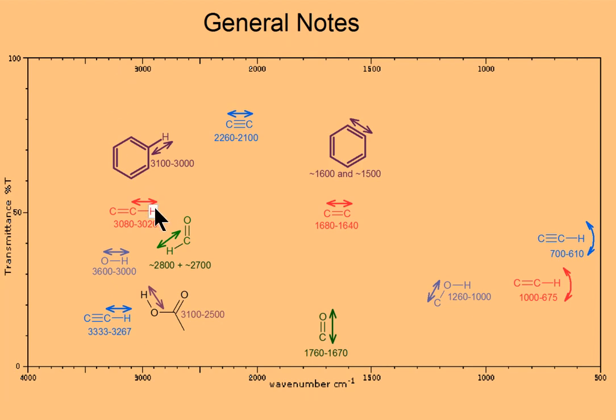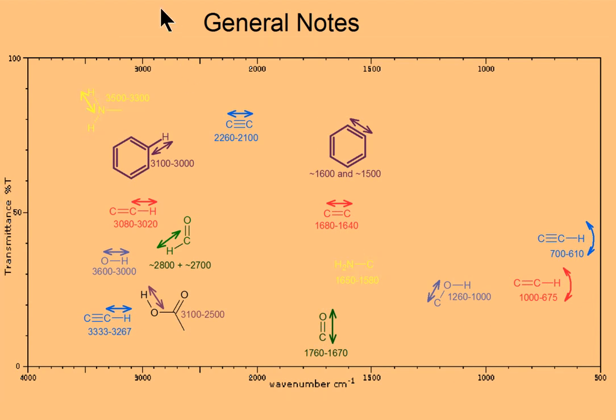So it's like a big thumbprint that overlaps the CH stretches for the alkane. We'll also see a carbon to oxygen single bond stretch somewhere in that normal range of 2060 down to 1000.